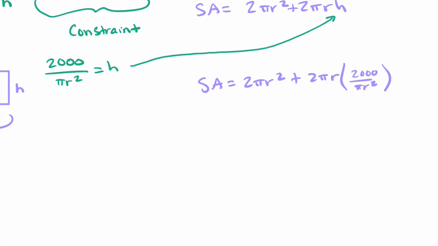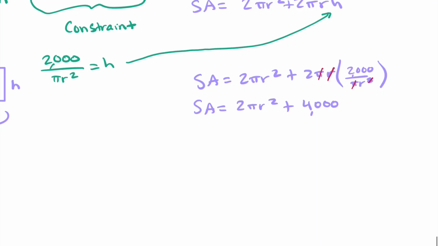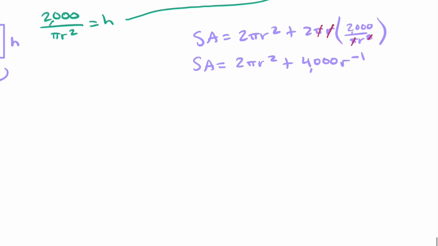As long as r is not 0, which is a good thing, I can assume that my denominator will cancel, I'm going to get rid of these and one of those, and so I'll just call it 4,000 over r. Or, I'm about to derive this, so I'm going to call it r to the negative 1. Just do it all in one step here, make it nice and clean.